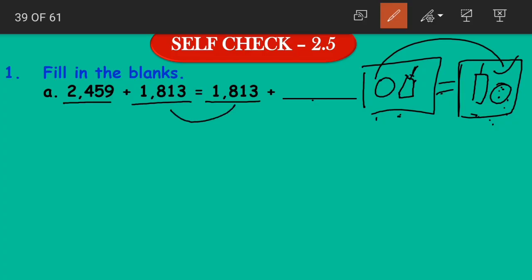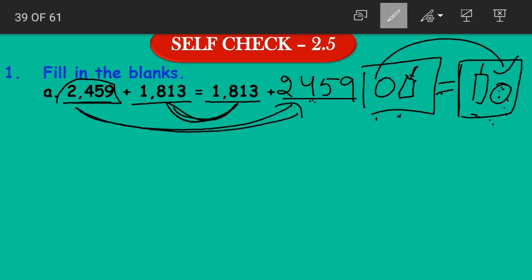In the same way, we are having 1813 here. The other number missing is 2459. There is no need of addition or doing anything, children. You just have to use your brain, find out the number which is missing and fill in the blank with that number.